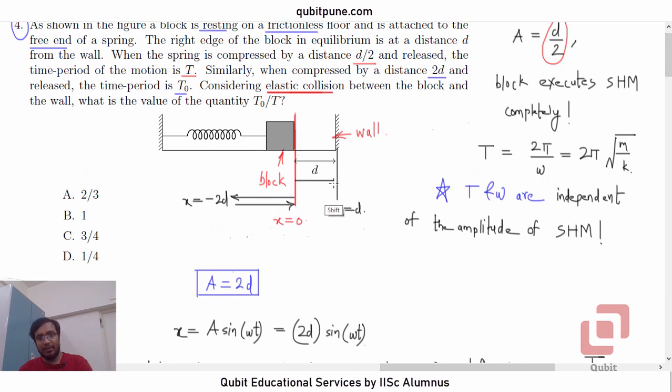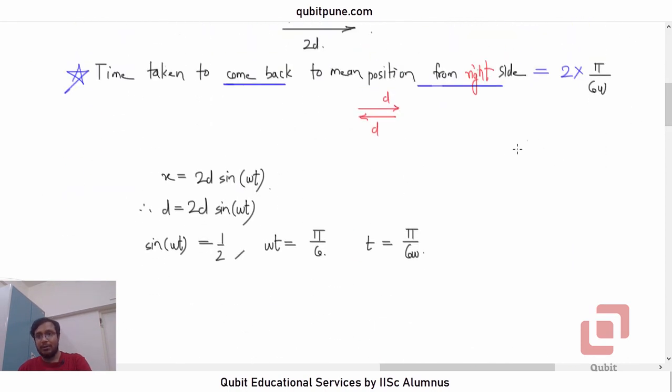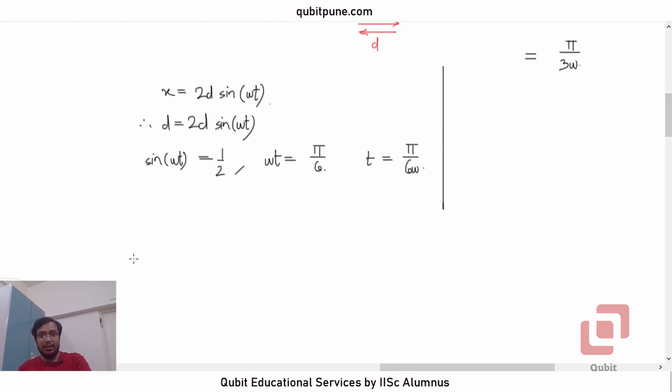So pi by 6 omega, again pi by 6 omega, so 2 pi by 6 omega, which is pi by 3 omega. Alright, so what is T naught then? T naught is the time period in its new motion, so it will be T by 2 for the left part and pi by 3 omega for the right part.